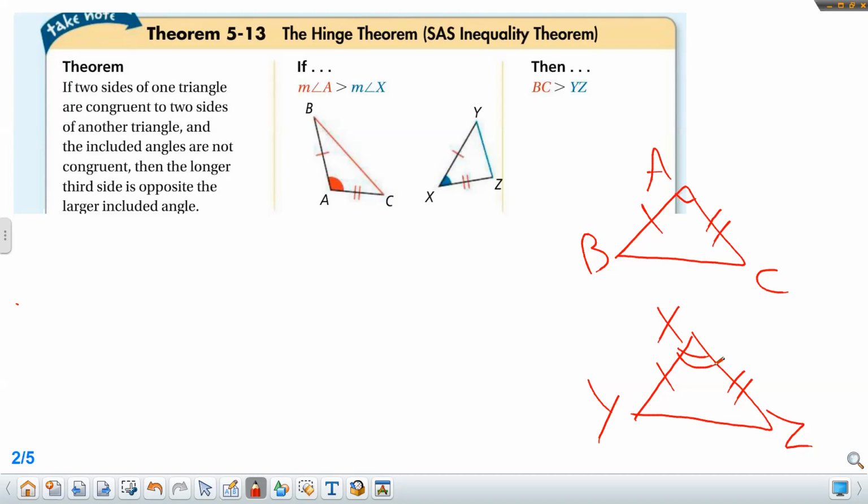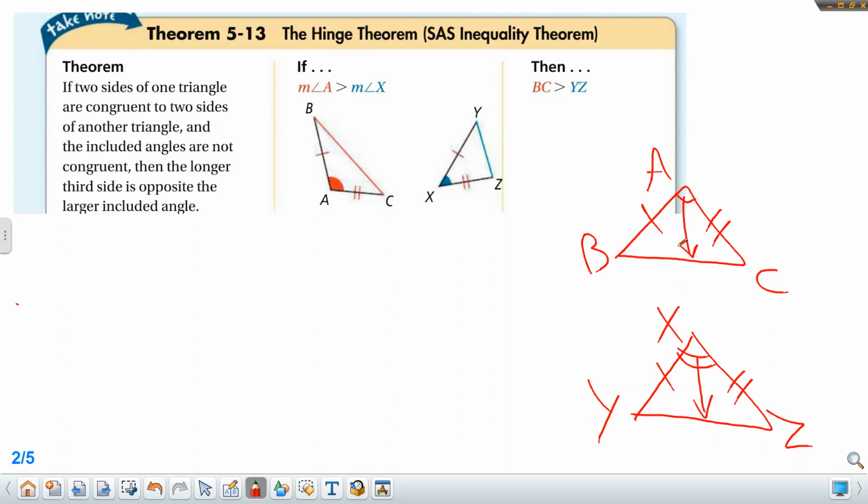But we can say the side opposite to the bigger angle is bigger than the side opposite to the smaller angle. First, you must check that we have two equal sides. After you check that, check whether the included angles are congruent or not.